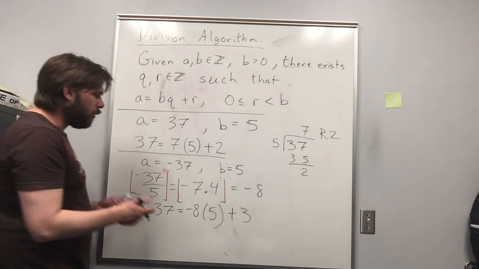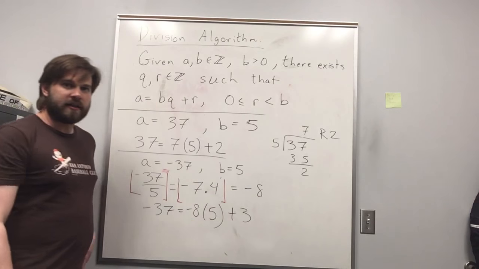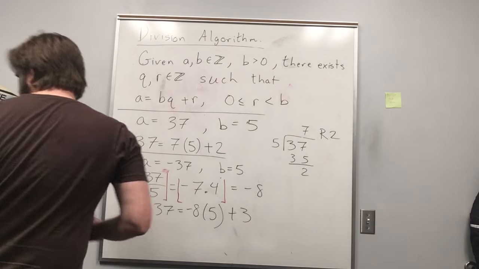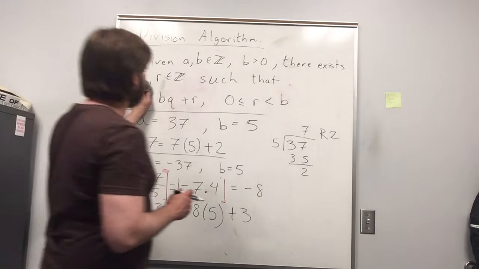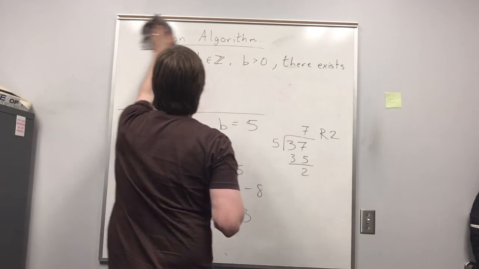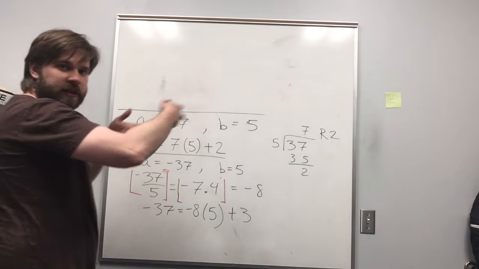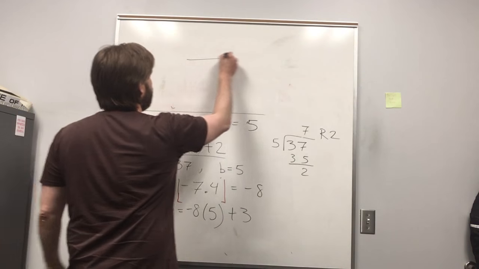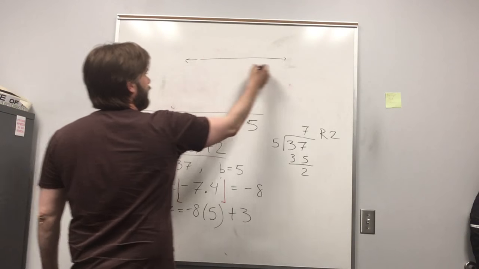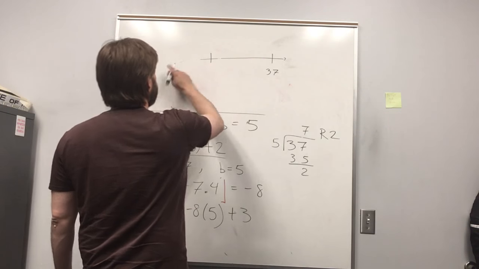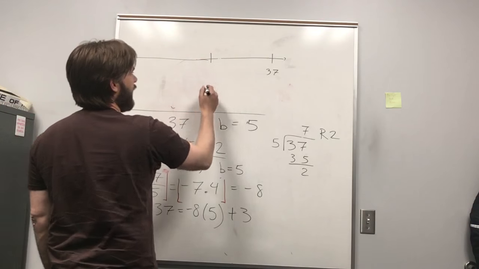So remember, we always want to add something to get up to our number. You can kind of think of it in terms of a number line. You're always wanting to add something, so you're always wanting to go to the right. So think of it, you're trying to do 37, and you're counting by 5s.